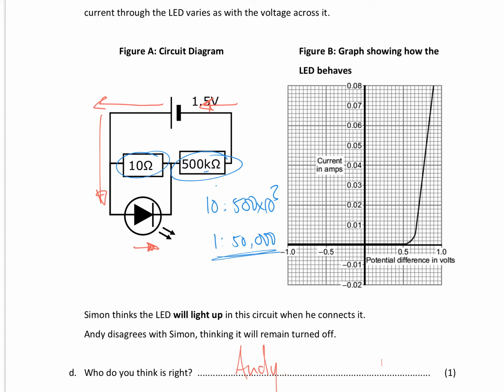That means for every 1 bit of voltage I have here, I will have 50,000 across there. So if the total is only 1.5, then pretty much all of the voltage will be dropped over this one, and no voltage will be dropped over that one. Therefore, with very small potential difference, you're not going to have a current flowing. It's not going to light up.